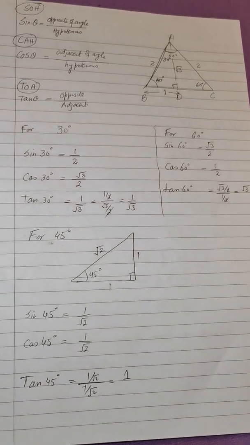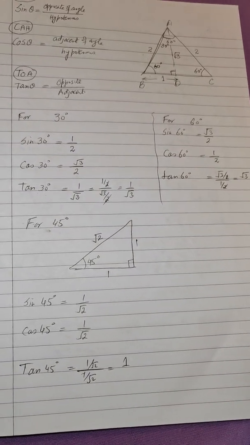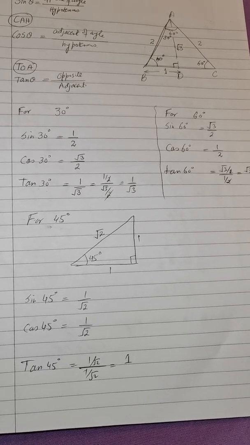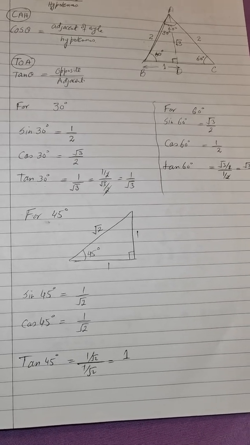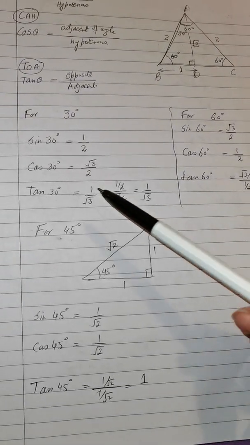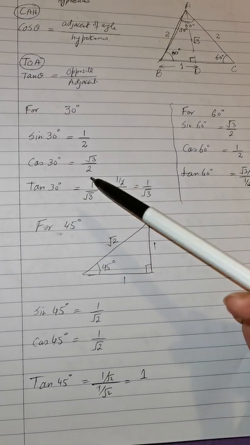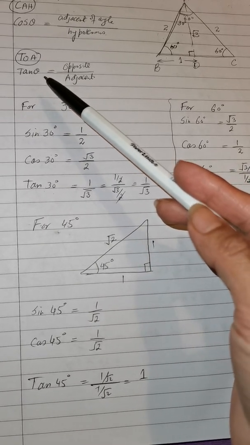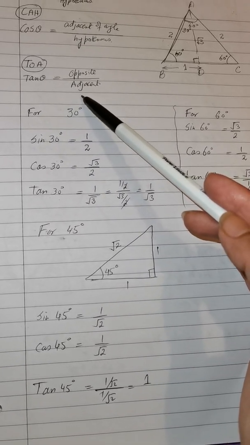So this is the way we can easily understand how to find the values of sine 30, sine 60, cos 30, cos 60. And always keep in mind that tan theta's formula is opposite over adjacent.